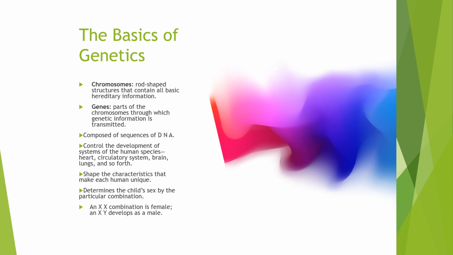So you get the X chromosome from your mother. You get either an X or Y chromosome from your father. So your father actually determines the sex of the fetus. So XX is a female, XY is a male.